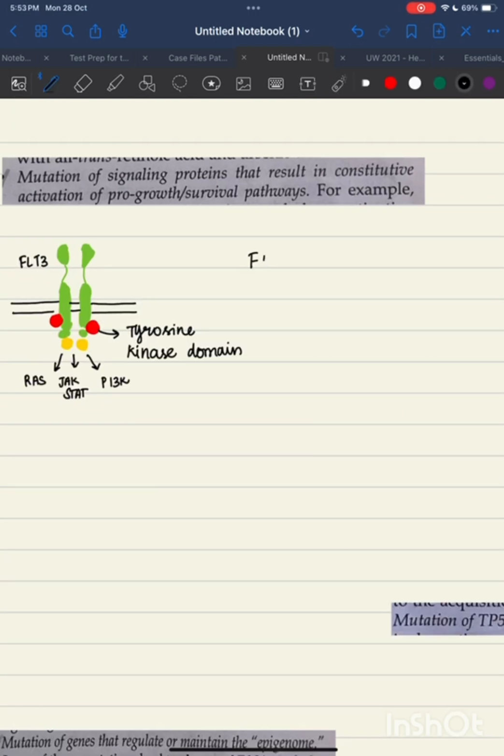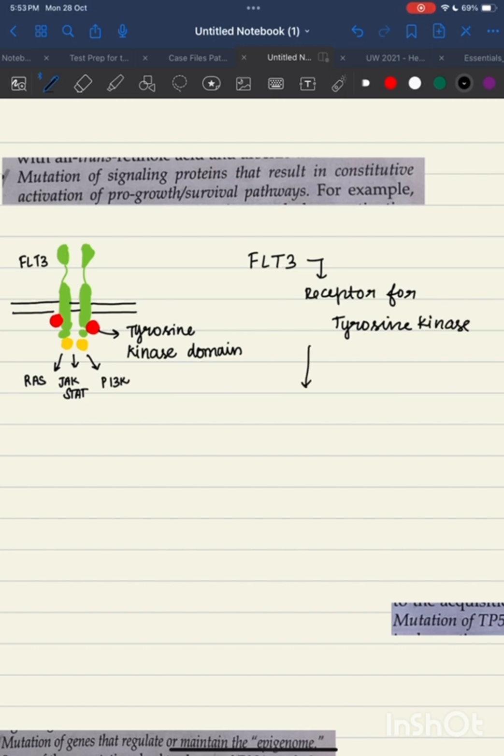Here we are going to discuss FLT3. It is a receptor tyrosine kinase. What will it do?